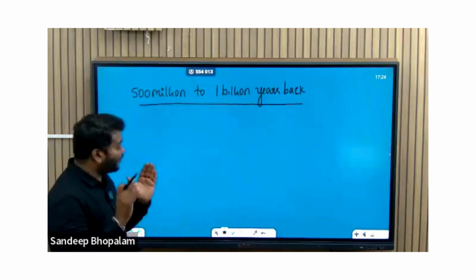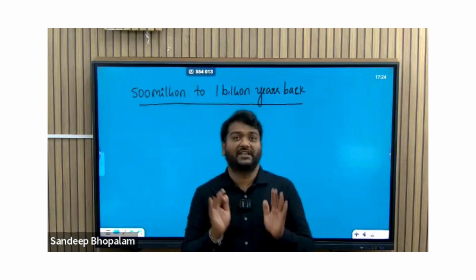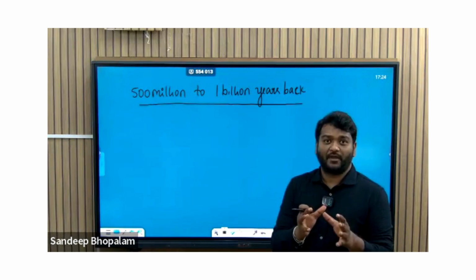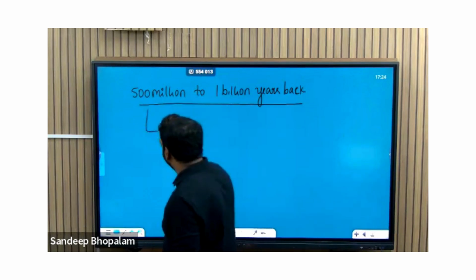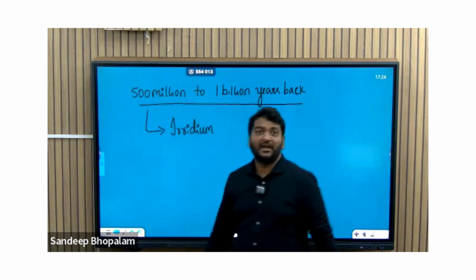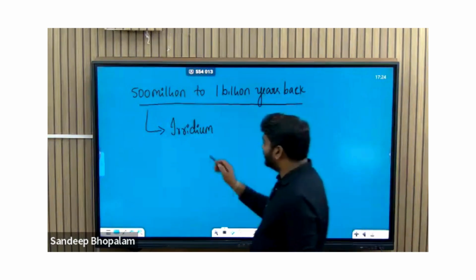Fine. This was approximately 500 million to 1 billion, they say. And when this impact has occurred, then what do they normally try to tell us? In this, there is some minerals which they call iridium, right? Iridium.